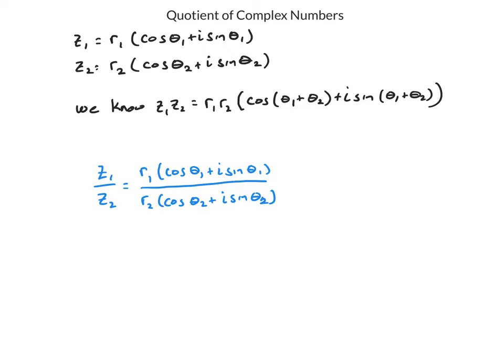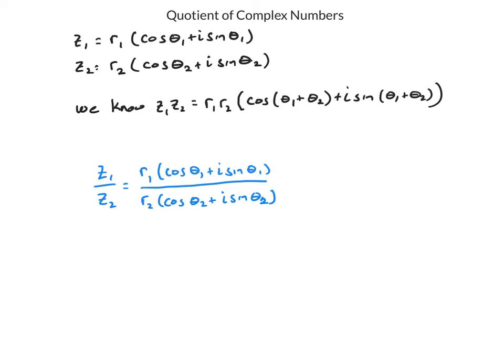Welcome back. Now we want to figure out what the quotient of two complex numbers is. Keep in mind that we're dividing these. If you look at the derivation in the book, you'll notice that they multiply by the conjugate of the denominator, which you should be familiar with. But the end result is this.